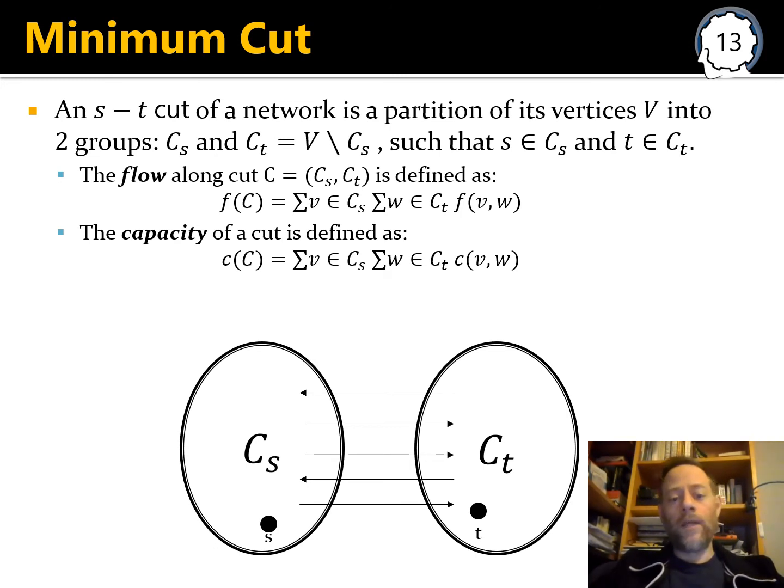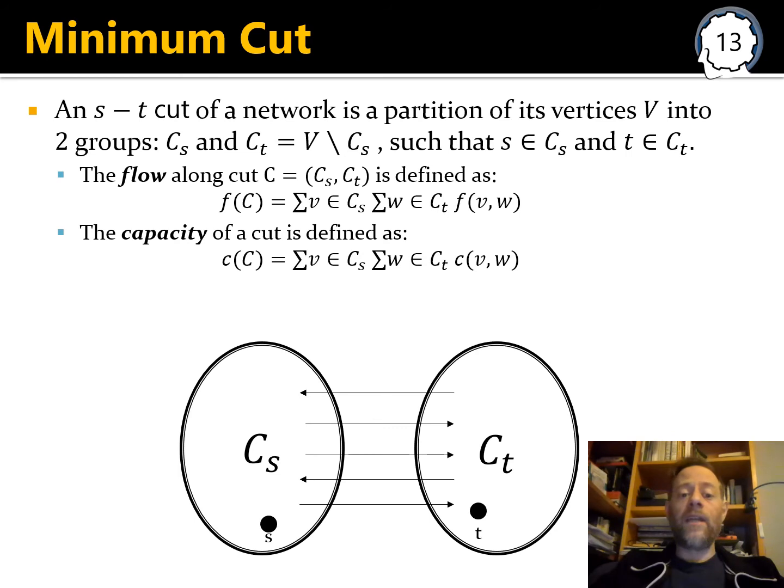So it's the cut between the partition of a network which is connected to S and the partition connected to T. So basically, it's a partitioning of the vertices V into two groups, CS and CT, such that the source belongs to CS and the sink T belongs to CT, and basically that there are only edges going from one of these sets to the other set. So basically we separate the sets and then there are a number of edges connecting these two sets.